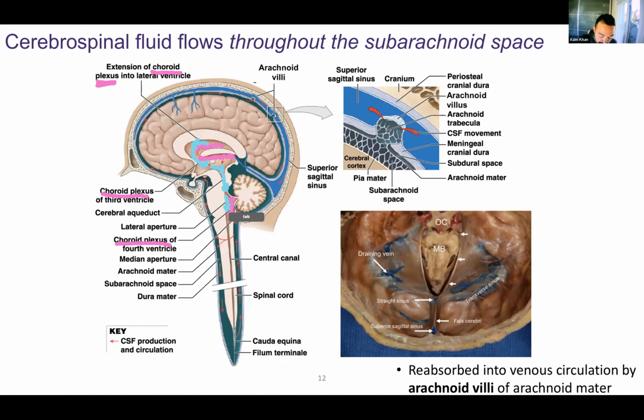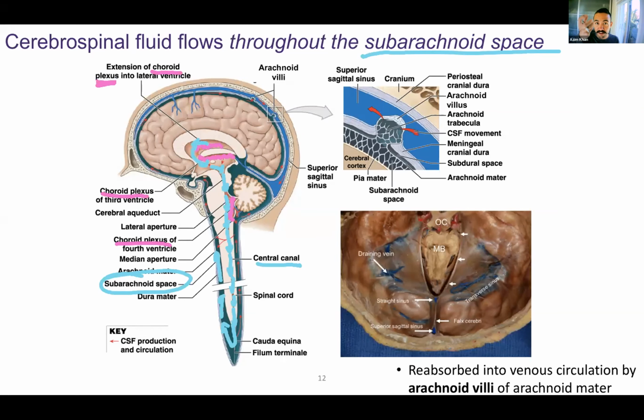These ventricles connect to a central canal within the spinal cord and can travel down the spinal cord as well. It's all connected. That central canal eventually leads out of the spinal cord. Let's go this way for fun. And now we're in the subarachnoid space. Ventricles of the brain, within the brain, and the central canal within the spinal cord, that space is connected with the subarachnoid space. So all of this space is just filled with cerebrospinal fluid.